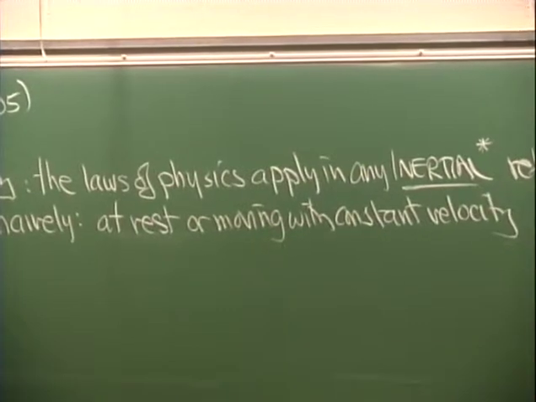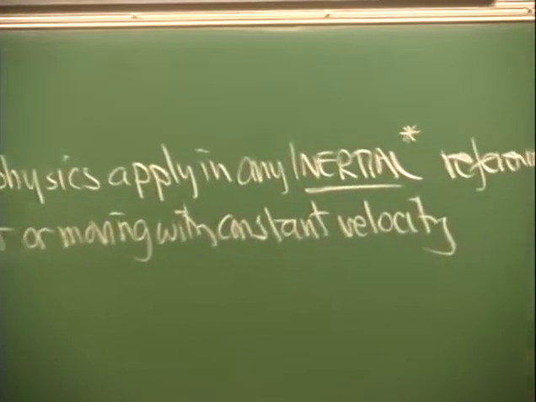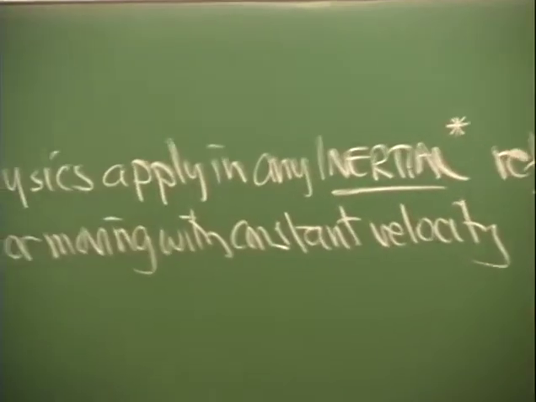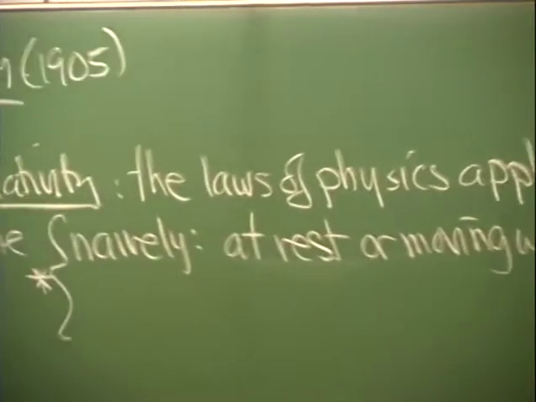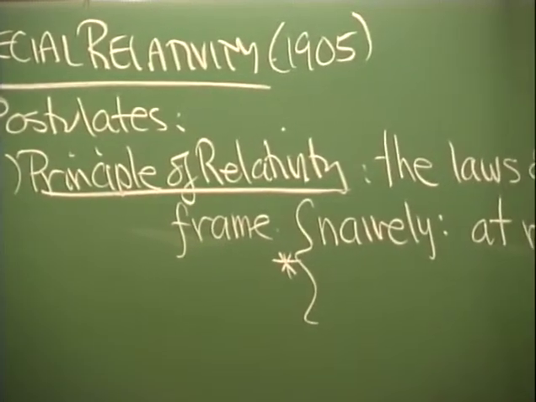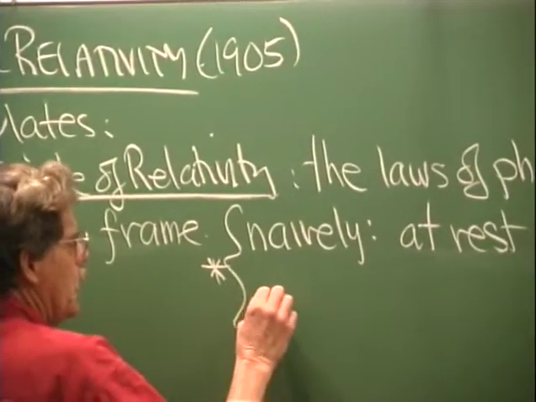And if you don't know what a rest system is, how do you know what one moving at constant velocity is? That would be constant velocity with respect to that rest system. So naively, that's what everybody is thinking about when they say an inertial reference frame. It's at rest or moving with constant velocity. But actually, that's a defective definition. It's circular when you press it.